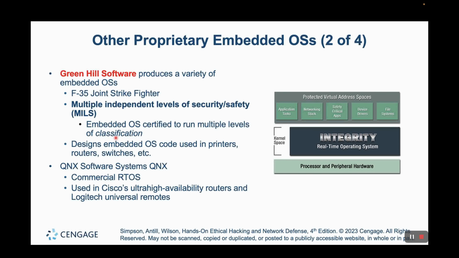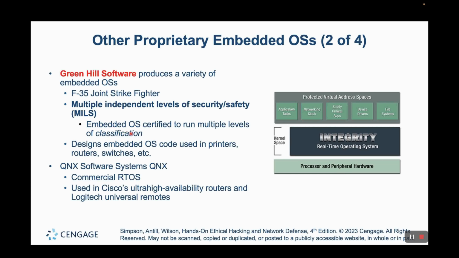Now, in order to meet these requirements, the operating system used here, okay, must be able to run multiple independent levels of security and safety here. This means that the operating system must be able to isolate different applications and data from each other. This is very important. Why? Simply, a failure in one application does not affect the others here.